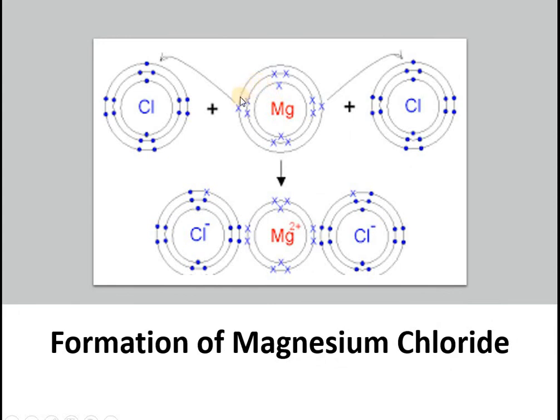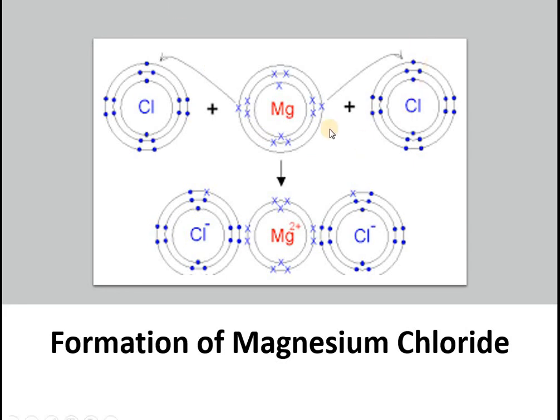Similarly, we have the configuration of magnesium as 2,8,2. So the outermost orbital of magnesium has 2 electrons, which it donates to 2 different chlorine atoms. So it requires 2 chlorine atoms, and the magnesium transfers, or loses, 2 electrons. So its valency is +2.